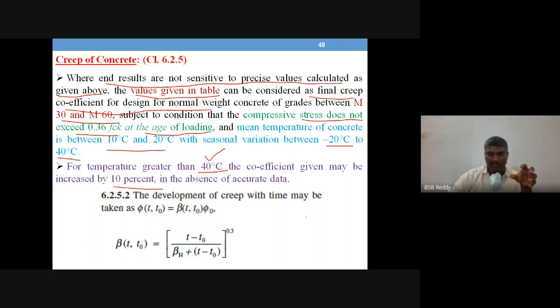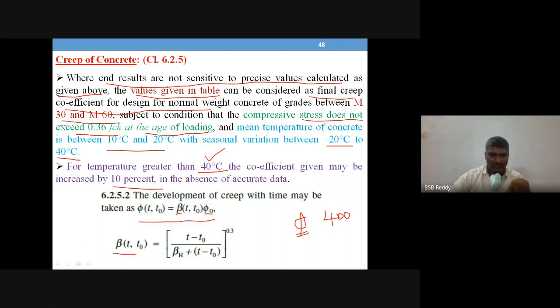Now that's about estimating the ultimate creep strain. If you want phi at a particular time, say at about 400 days, what is the phi value? The value phi naught is for the ultimate after 70 years. And if you want to estimate the phi value at a particular time, this is the formula: phi naught into beta, which is given earlier.